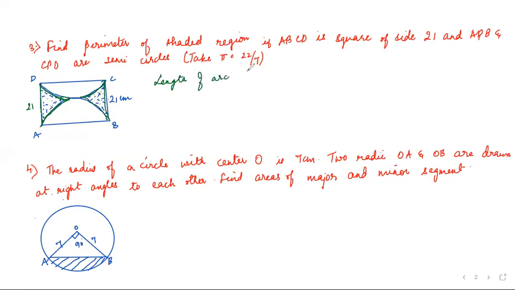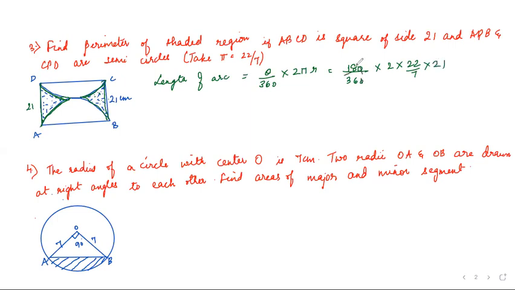Length of the arc is equal to theta by 360 into 2 pi r. Now, what is theta? Here the theta is 180 because they are semicircles. So 180 by 360 into 2 into pi into r. What is r? 21.